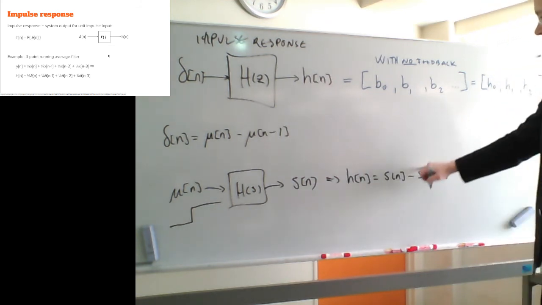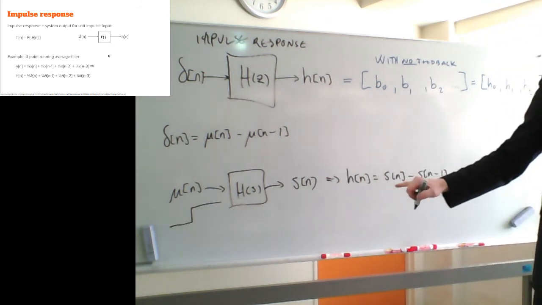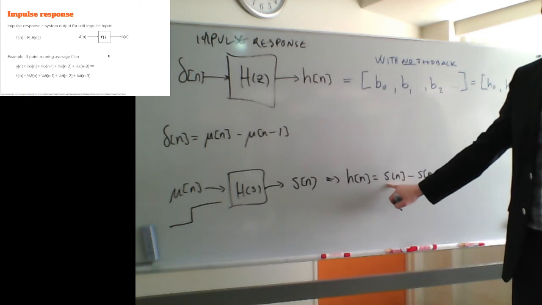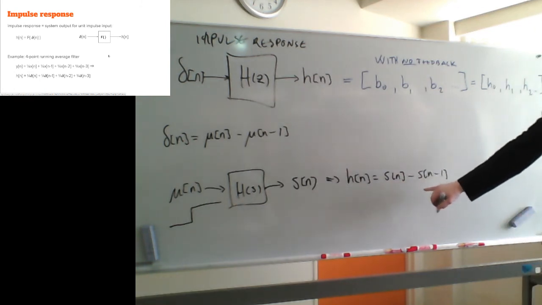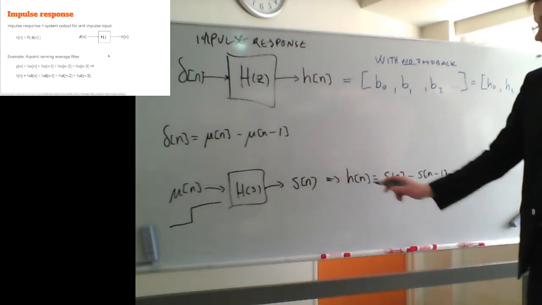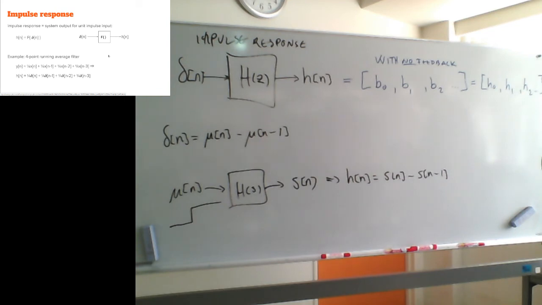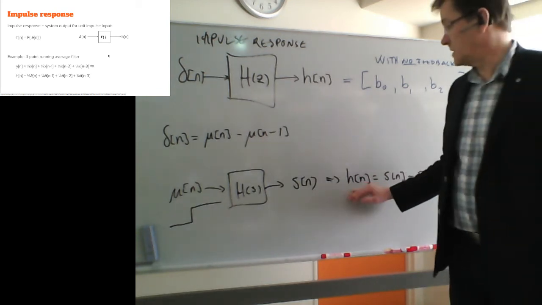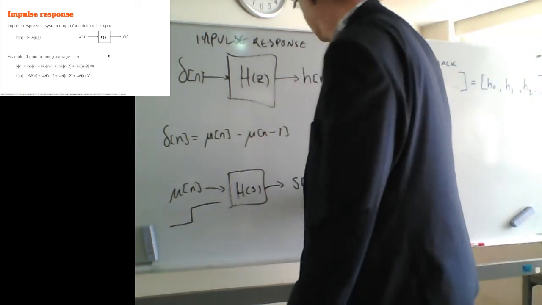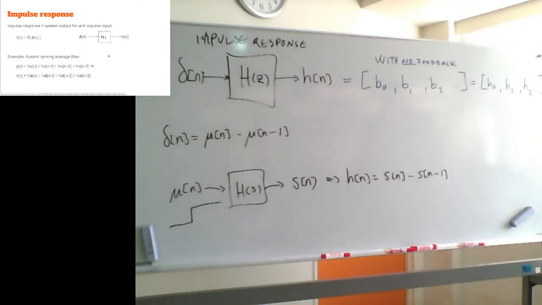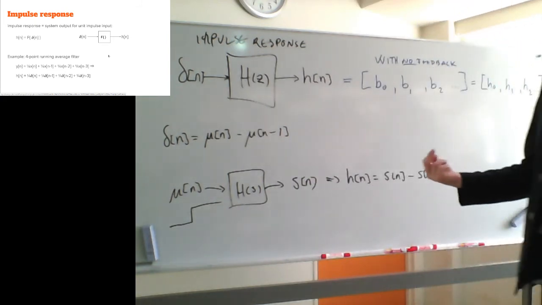So this is just a time delayed step function, or step response. So basically you can easily reconstruct and measure the impulse response for any system, analog or digital. Okay.